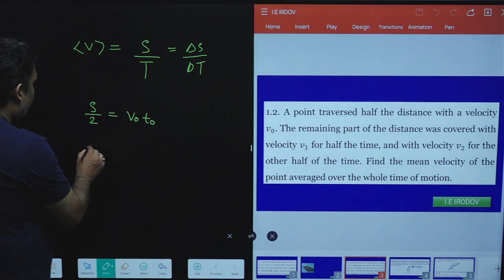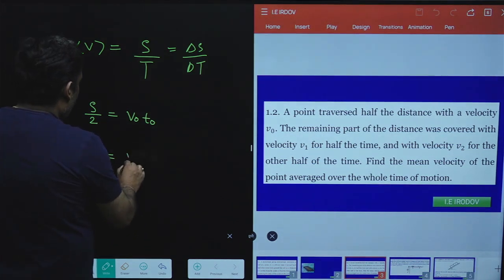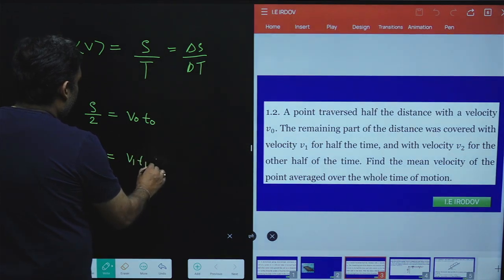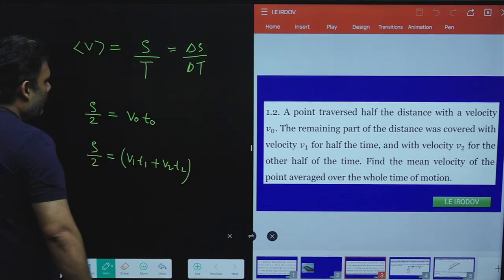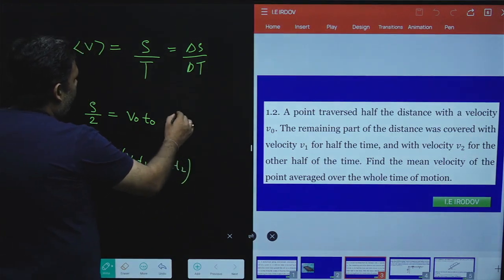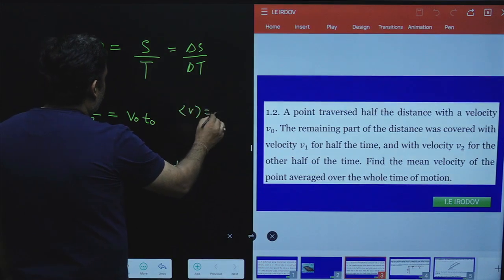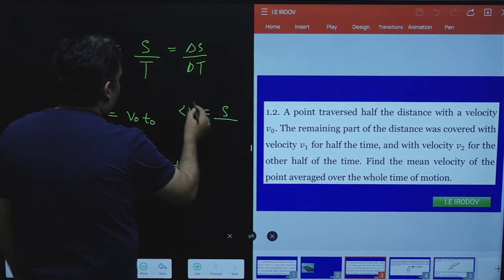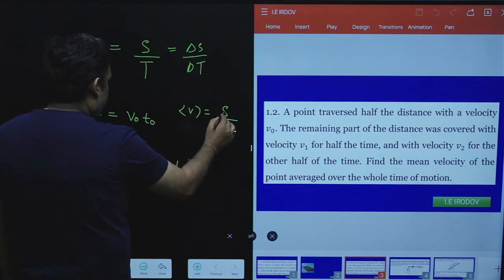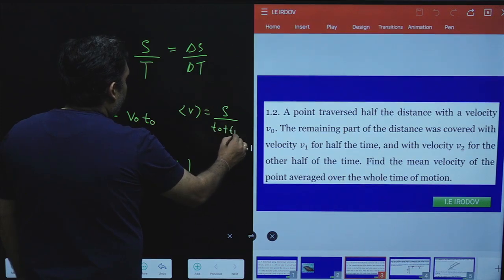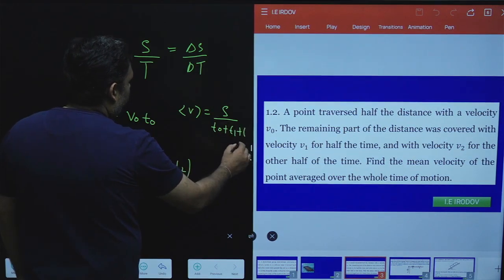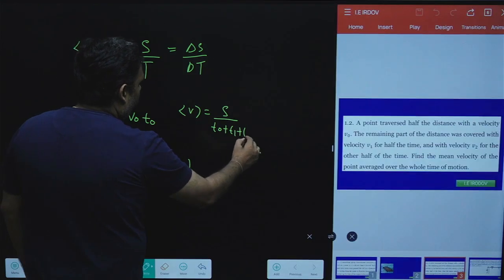And the next S by 2 is given by V1 into T1 plus V2 into T2. And what will be my average velocity? The average velocity will be S by, the total distance is S, and this value is equal to T0 plus T1 plus T2.